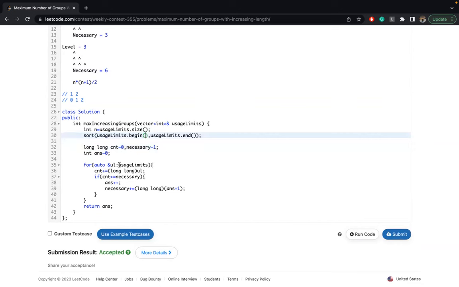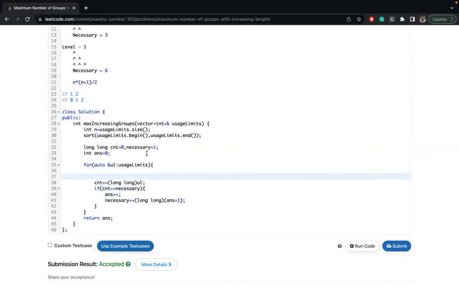We will start from the minimum count, and the minimum count should be there in the answer. Everything which was used earlier has lesser usage limits than this or equal to this usage limit.